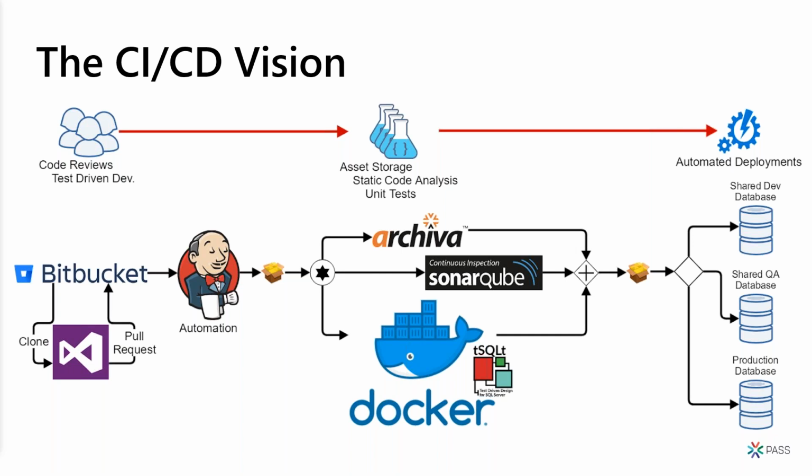But basically, we run a pipeline, and in that pipeline, we have this ISPAC file that's created, or DACPAC files, and we do 3 things. We go ahead and store our assets in Archiva, which is great for that. And in some world, which we don't have now, we would do the static code analysis. And then critically, we have this huge whale, which is Docker.